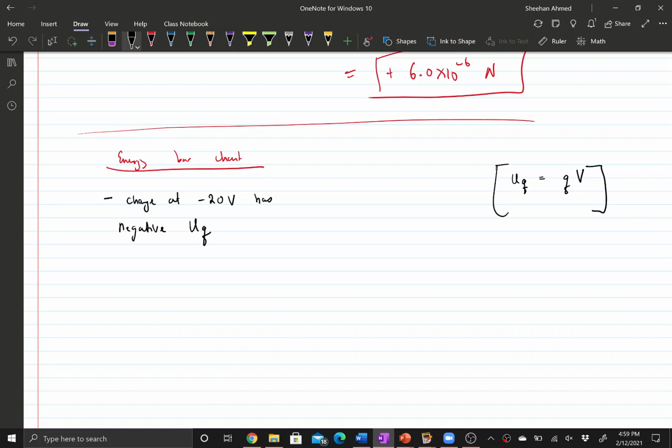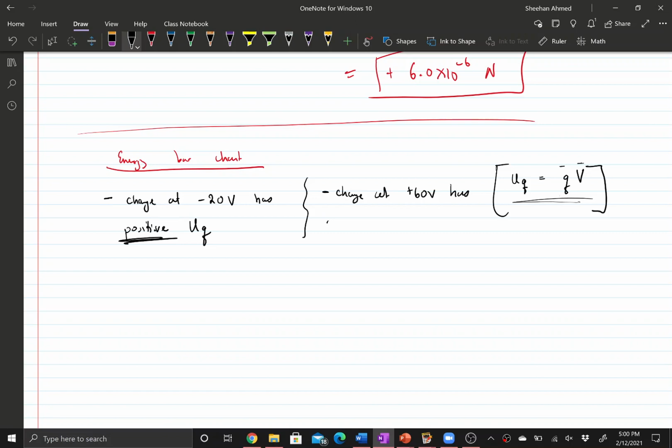What about at 60 volts? A negative charge at positive 60 volts, that's where I ended up, has, well, if I follow this idea again, oh, sorry, I did this wrong. Negative and negative gives me positive, right? A negative charge at minus 20 volts, if you do negative Q and negative V, you get a positive UQ.